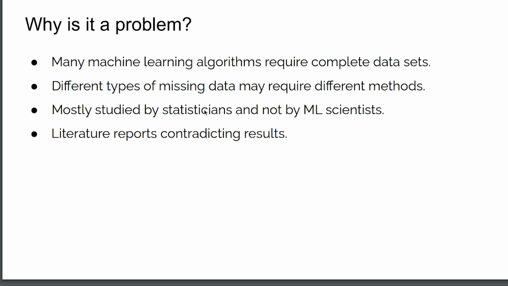Lately, in the last 2 to 3 years, a lot of scientists, ML scientists and deep learning scientists have jumped into the topic. However, a lot of the methods proposed are not actually a lot better than the statistician-based ones. And also the literature reports contradicting results because it measures different types of things.